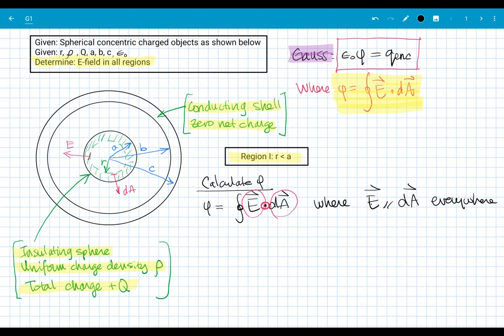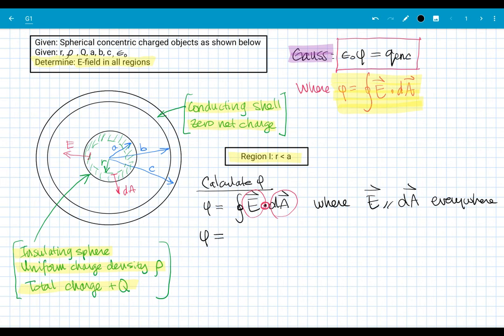So since they're parallel, we multiply by cosine 0, which is basically what that means physically, is that all of the electric field is going to permeate my Gaussian surface. All of the electric field gets through. So all of the electric field in this case contributes to flux. That's what we're saying. So to calculate my flux then, it turns out to be pretty simple.